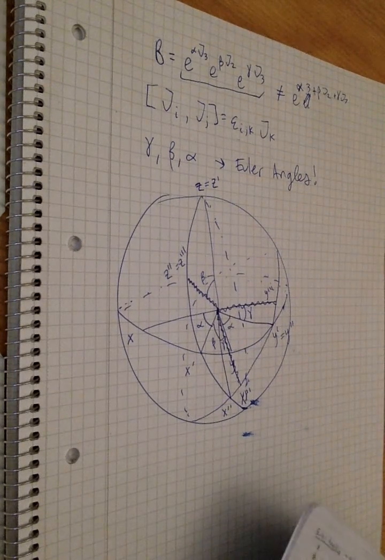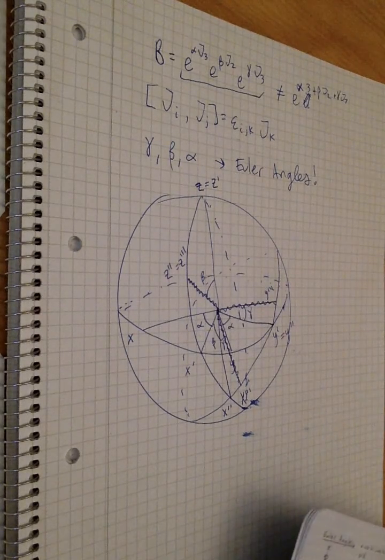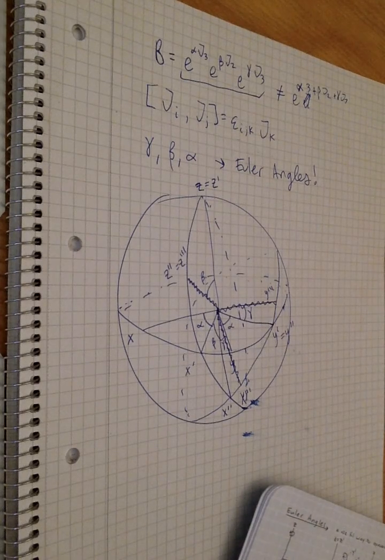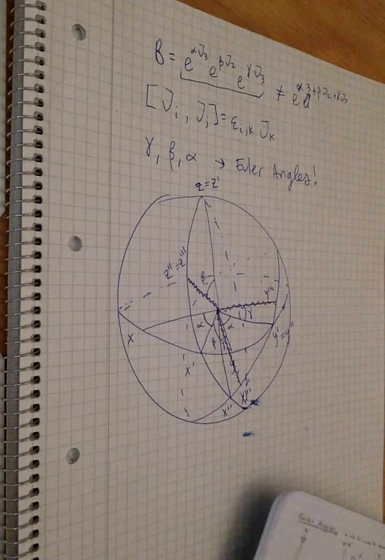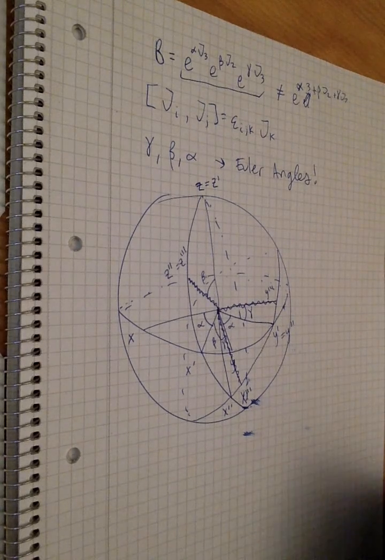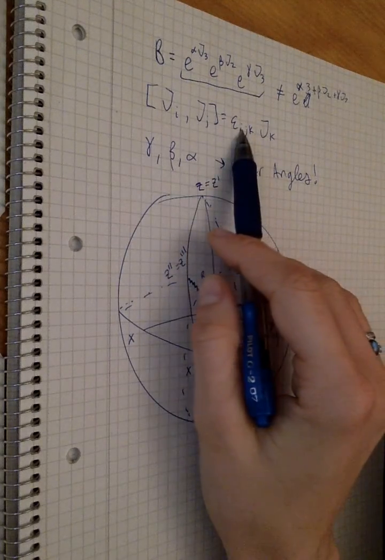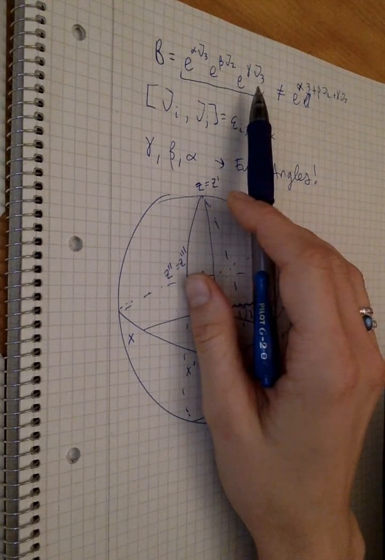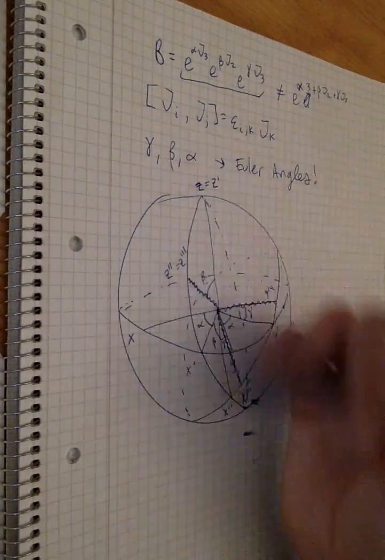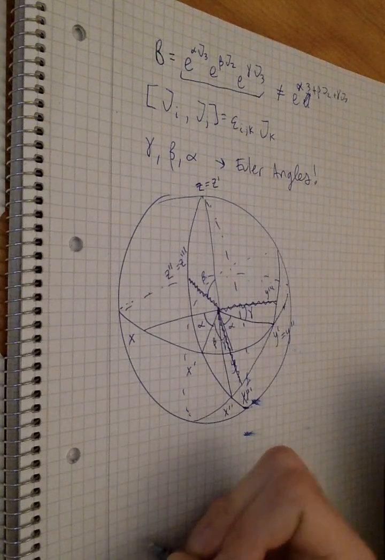I don't think so. But I'm not sure of a better way, so I'm just going to keep going with it. So we want to be able to do a lot of these rotations. We want to compose one rotation with other rotations.